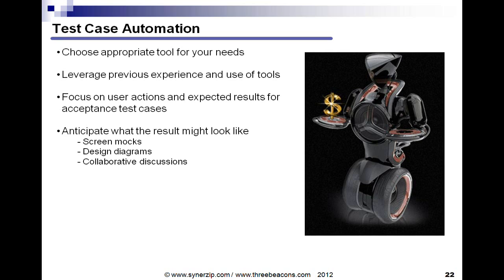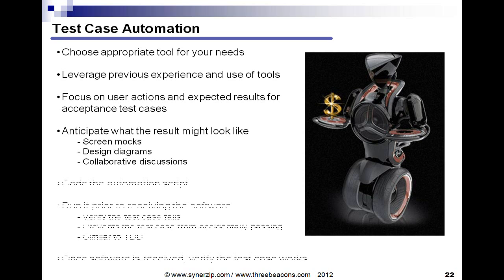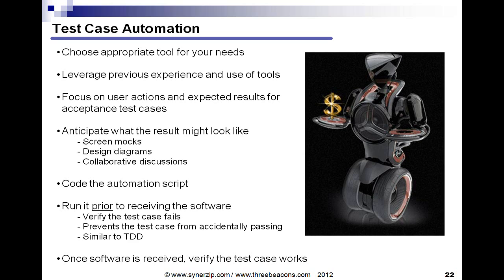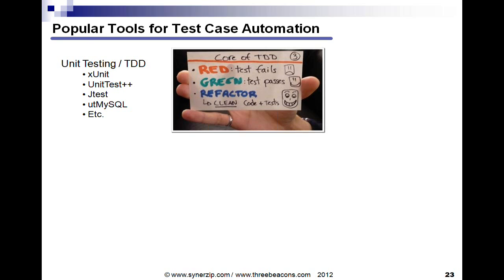Okay, let's continue. As I said, anticipation of the test case automation is crucial. If the QA person has some automation already written, then go ahead and run that prior to integrating the software to it. Obviously the test cases will fail, or you would expect them to fail, but that's a good form of test first or test-driven development, which we all know at this point is a good software practice.